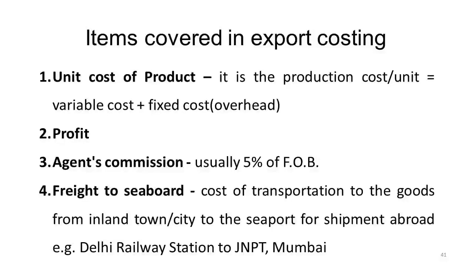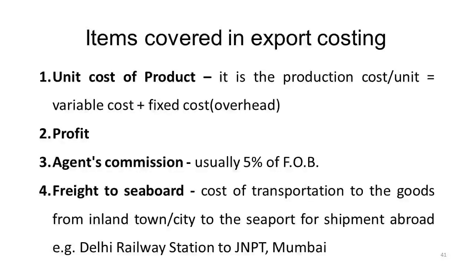So unit cost of a product is the cost incurred towards manufacturing of a single unit of a product. Second is profit, which we also discussed earlier. We add the profit. Same for the domestic, same for exports.